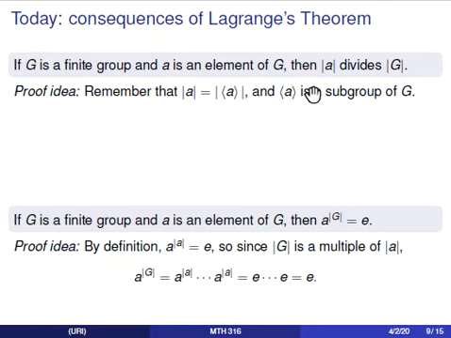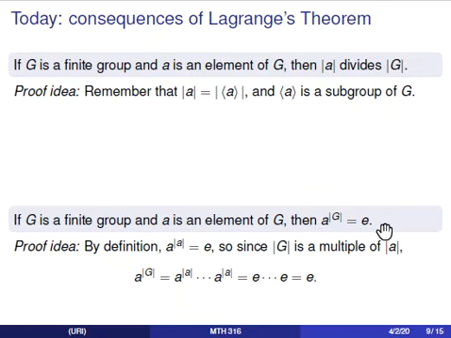So, since we just said that that number divides the order of G, the order of G would be a multiple of the order of A. And so taking A and putting the order of G as an exponent means you're going to be putting a whole bunch of A's together, and I can take those A's and group them into collections of size order of A, and each one of these will give me a copy of the identity, so I'll just be multiplying a whole bunch of identities together, and that will produce the identity overall, which is what this result said.